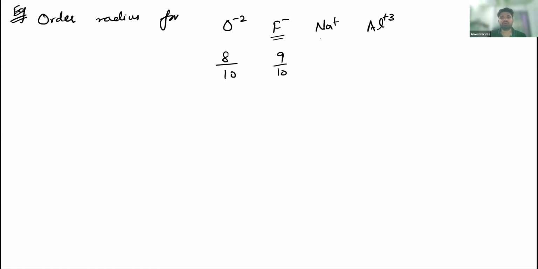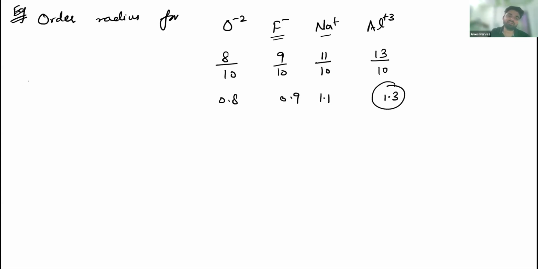Sodium has atomic number 11 and 10 electrons, and aluminium has 13 protons and 10 electrons. So we get 0.8, then 0.9, then 1.1, and then 1.3. The size is inversely proportional to this value, so the more this value, the lesser the size. Got it?